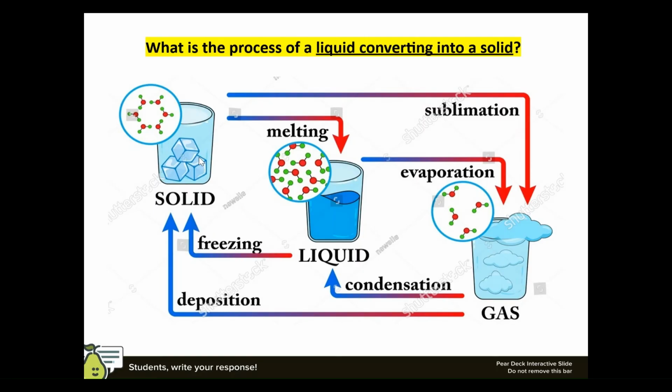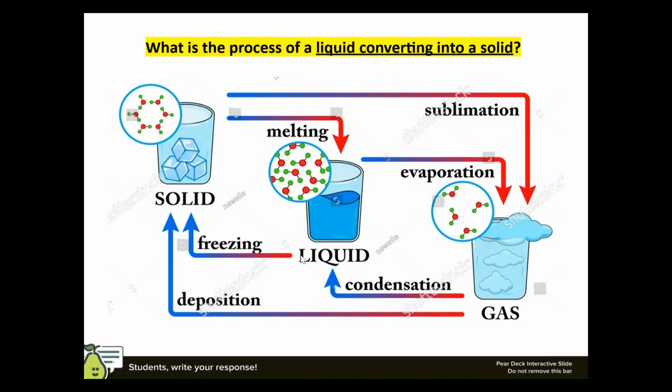If you add a lot of energy to a solid, it will be sublimated. Solids can go directly into a gas if they are sublimated and if you add a whole bunch of energy to them.